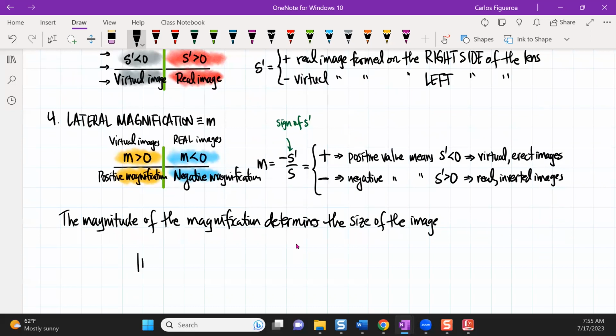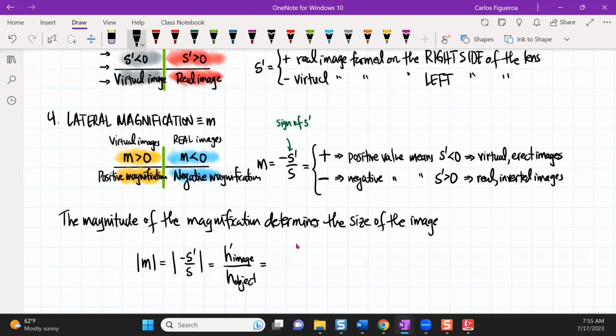So the magnitude of the magnification is equal to the image height divided by the object height.